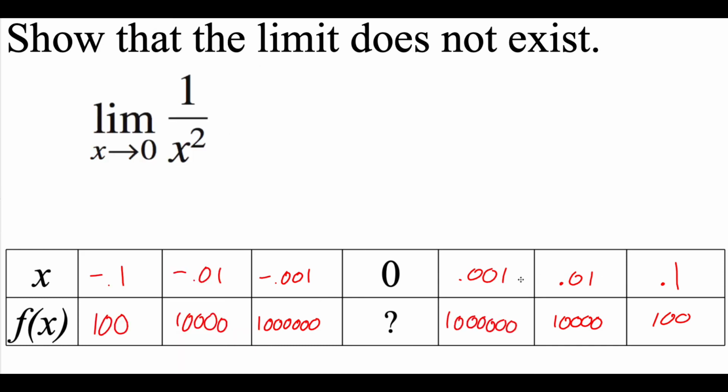So as these values that we're plugging in keep getting smaller and smaller, our answers keep getting larger and larger and larger. So this is an example where our function is growing without bound, and it would keep growing up towards infinity as we keep plugging in infinitely smaller numbers. So this limit does not exist because this function is growing without bound.